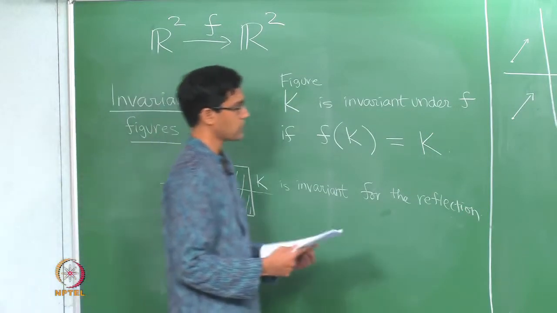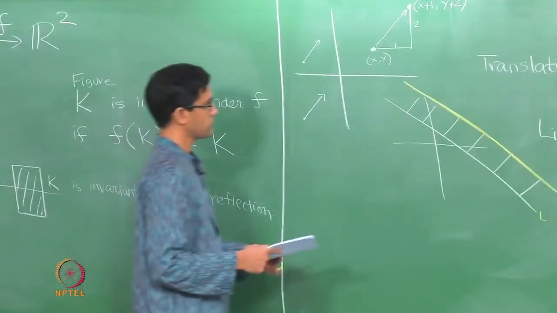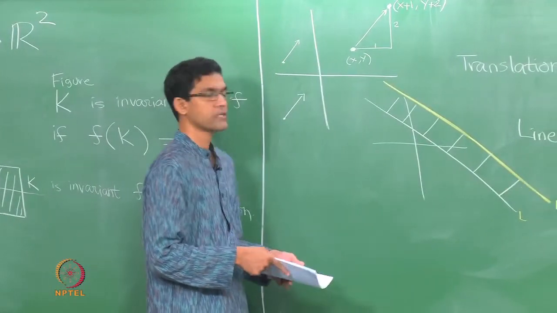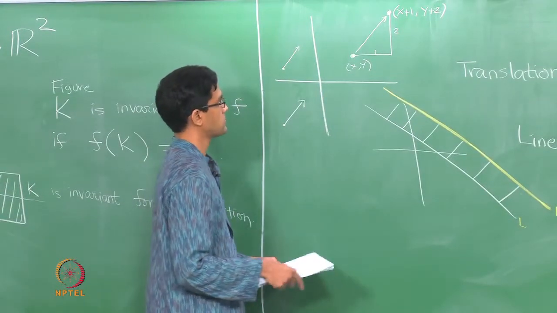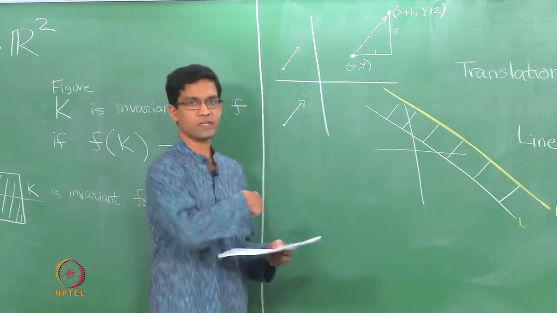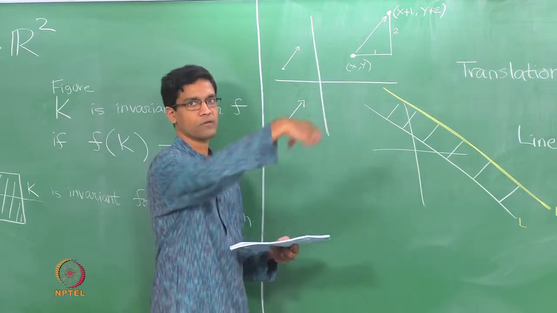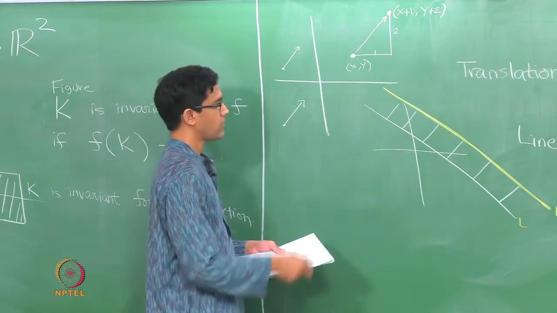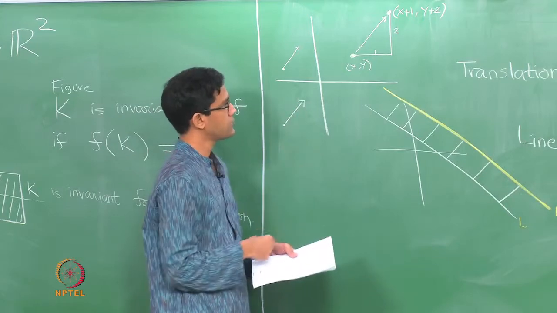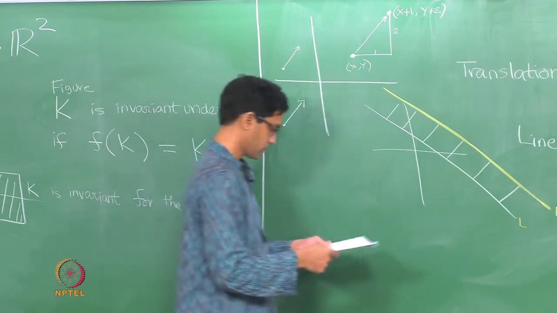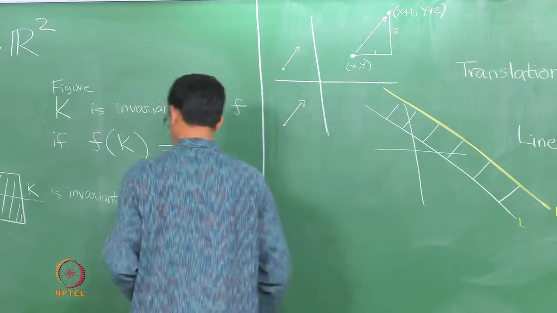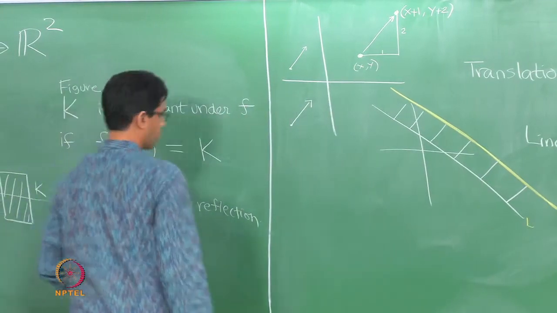Now let us think about translation. So here is the first question, is there anything at all that is invariant under the translation, okay, because it seems as if the translation moves everything, right, it seems to move everything in one uniform fashion. So no matter which region you tend to think of anywhere, it seems as if the translation will move it. But observe a line for instance.